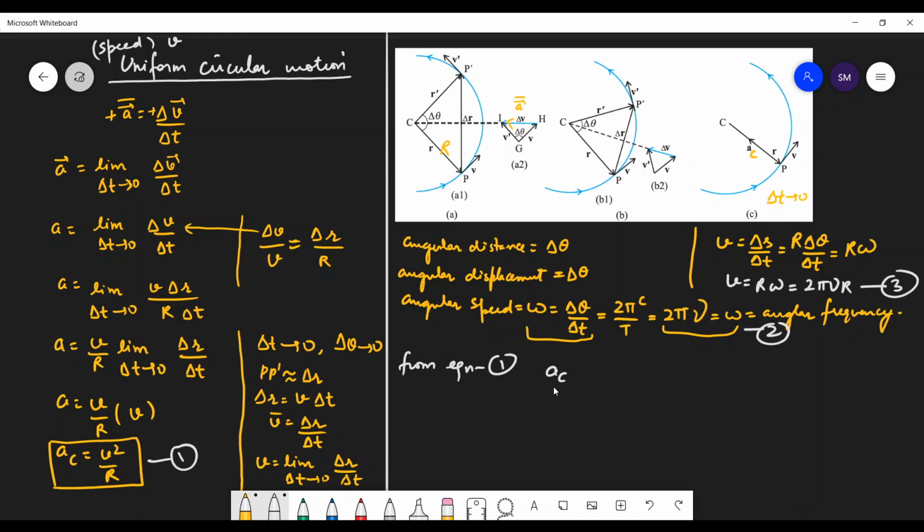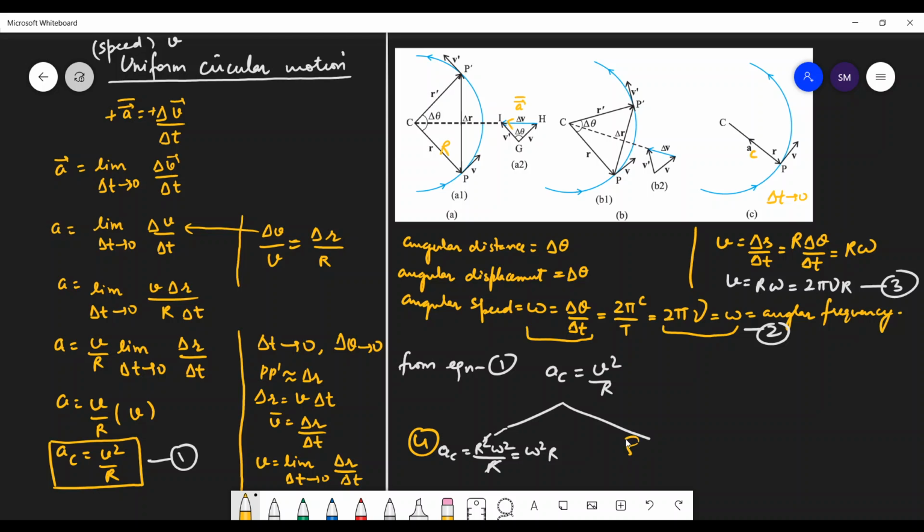From equation 1, I can write AC is equal to v square by r. I have two values of v, so putting them here, with v equal to r omega, this will be r square omega square upon r, so one r will be cancelled out and I am left with AC equal to omega square r. This is another important formula, formula number 4.